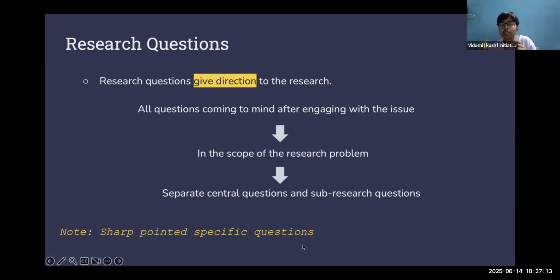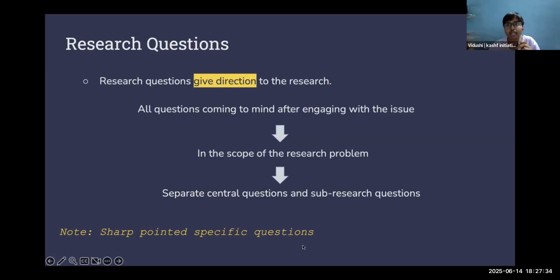And what you can do in these research questions is there can be central questions, and then there can be sub questions. But any research proposal will have at most one or two central questions, and then one or two or three sub questions. That's it. You don't have a list of 5 to 6 central questions.